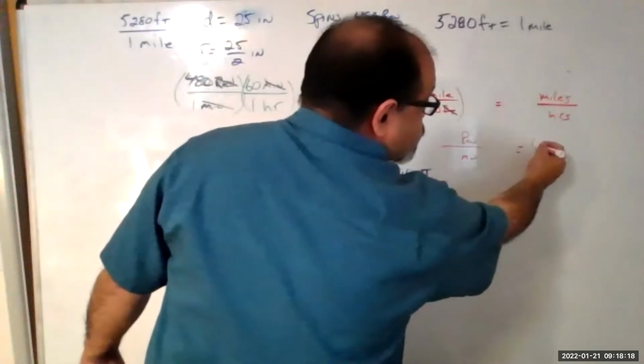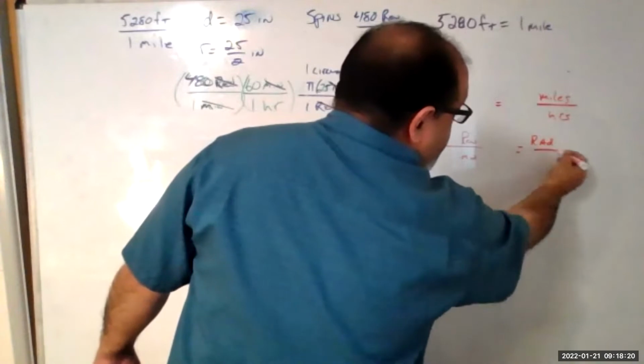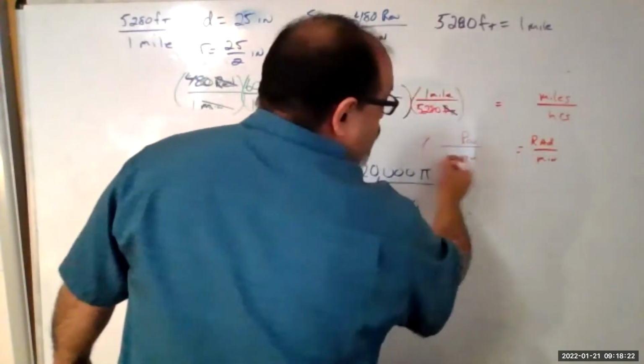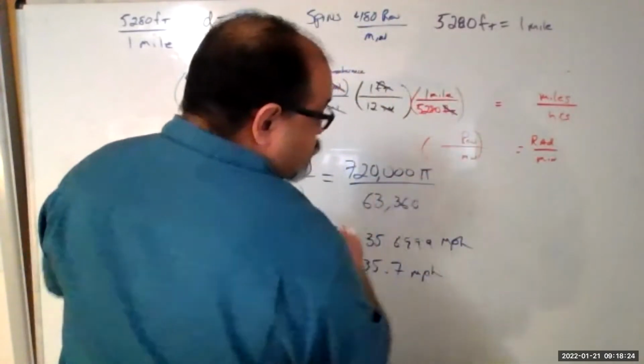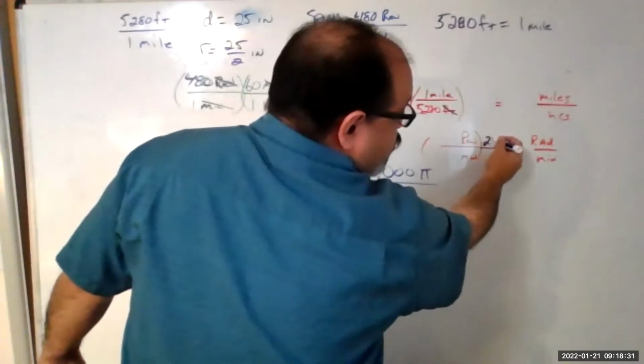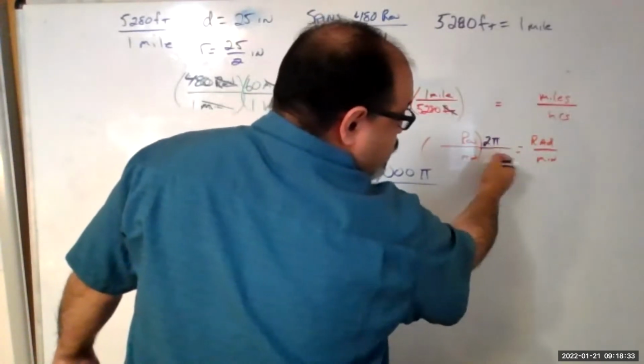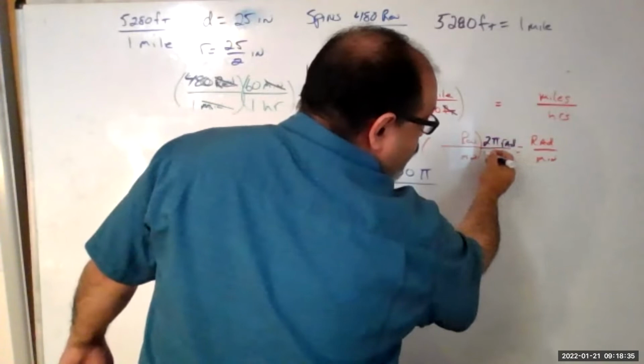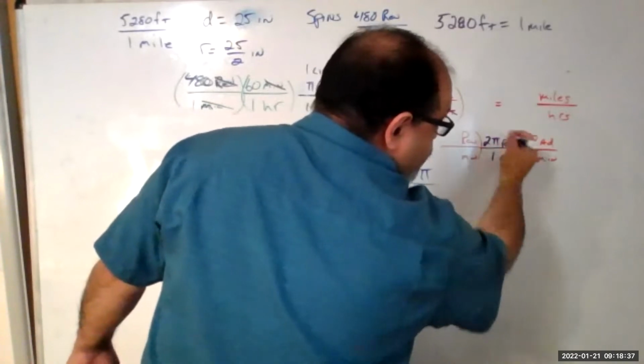My final answer should be in radians over minute. That means I want to cancel the revolution. So I want radians on the top. Well, there's 2 pi radians every 1 minute.